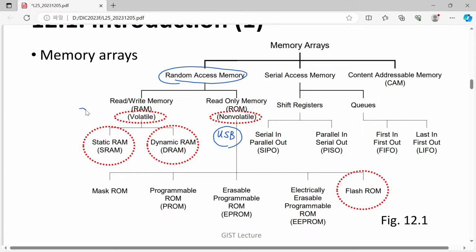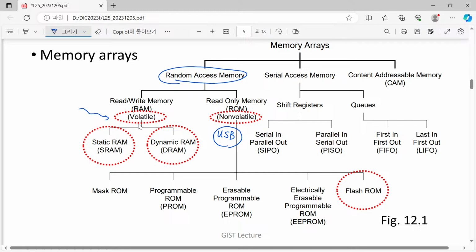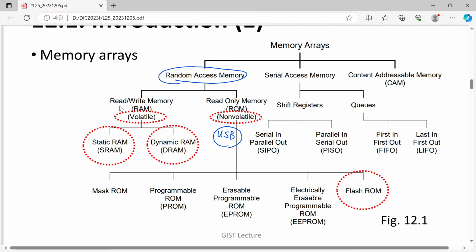However, in the case of volatile memory, if you just push the power button of your laptop, the data you have inside your computer memory is lost. In some sense, volatile seems quite contradictory to the meaning of memory, but it is actually widely used in realistic cases.